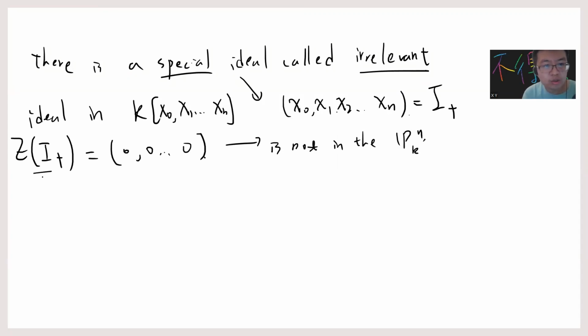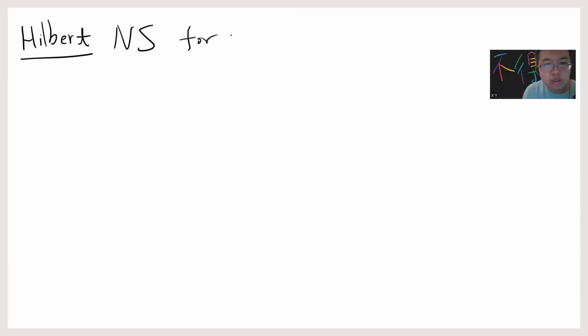And this one will also show up in the Proj construction. Now, due to this, we need to modify the Hilbert Nullstellensatz. So let me finish this video by providing a statement of the Hilbert Nullstellensatz for projective space, projective varieties.